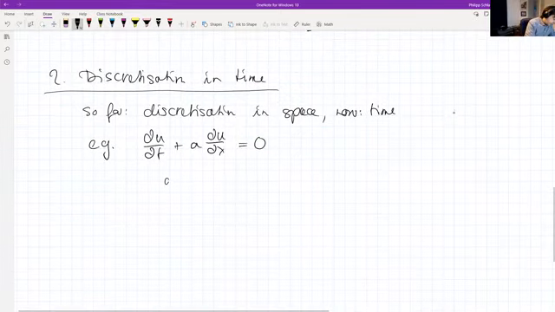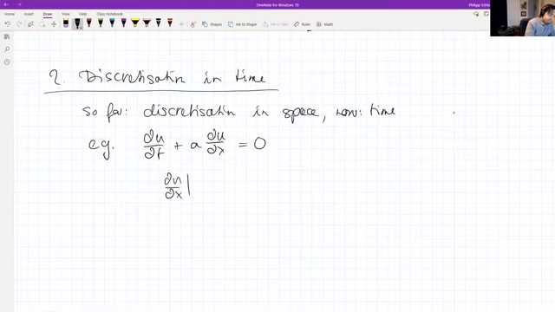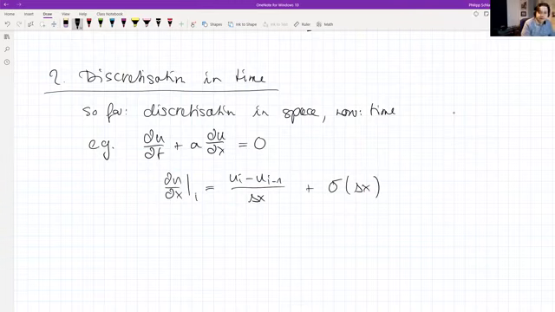So what we did was that du dx at position i, we were approximating with, for instance, u i minus 1 divided by delta x. So this was, well, actually I can write it with an equal sign. And then we have an error, which was of the order of delta x.